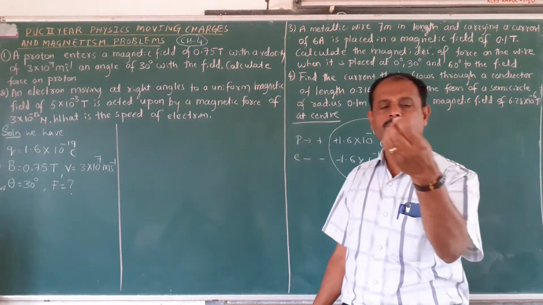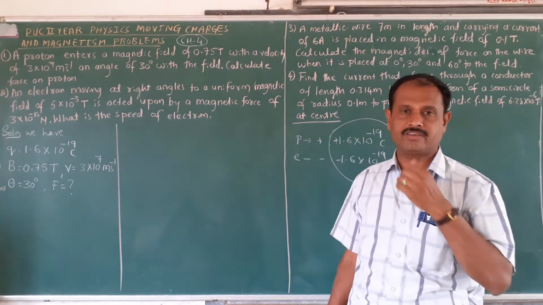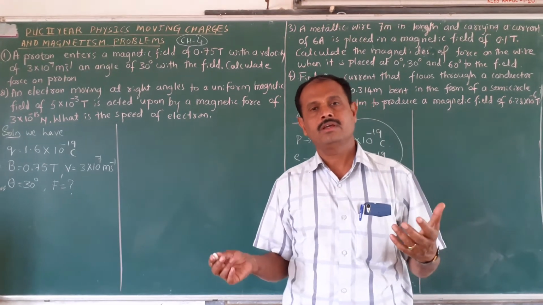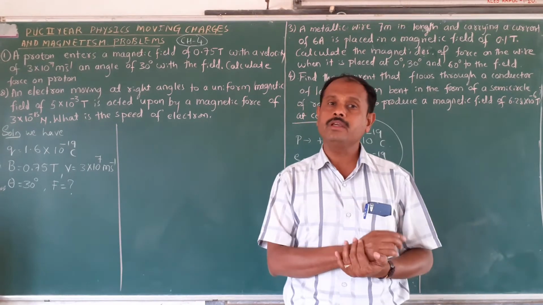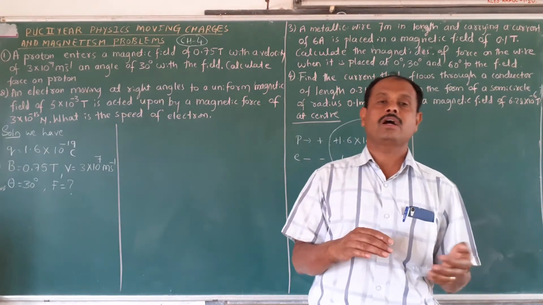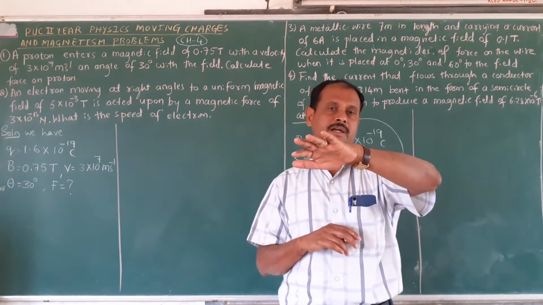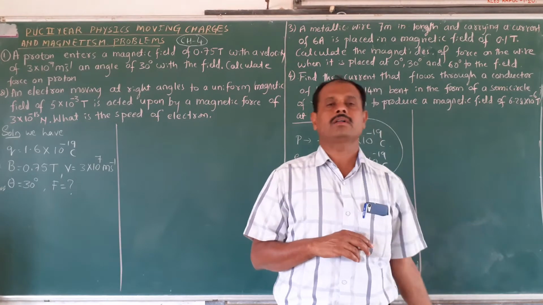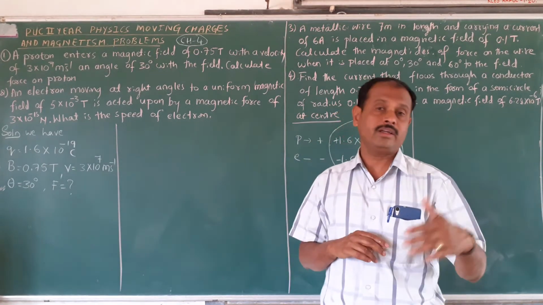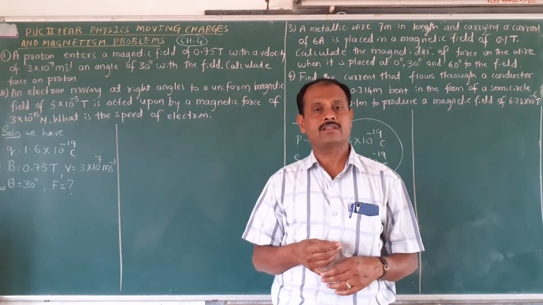You apply one particular formula: the force acting on a moving charged particle in a magnetic field. Charge Q moves with velocity V in the magnetic field B at an angle theta. Then the charged particle moves in a curved path, sometimes a circular path, because the magnetic force acts on that charge.